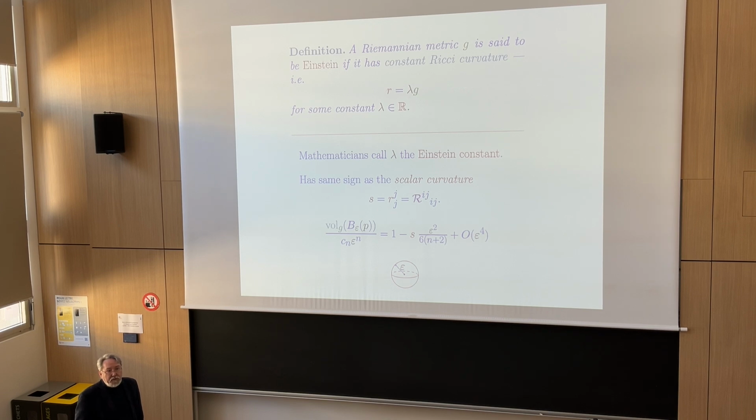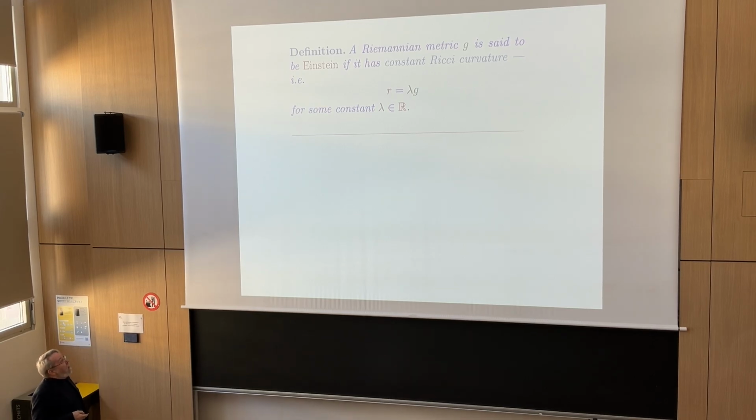A priori, this is true for sufficiently tiny epsilon. When epsilon is any ponderable size, you tend to have no control on volumes, just knowing the scalar curvature. And so people like Gromov have been spending a lot of time trying to find a better synthetic interpretation of the scalar curvature.